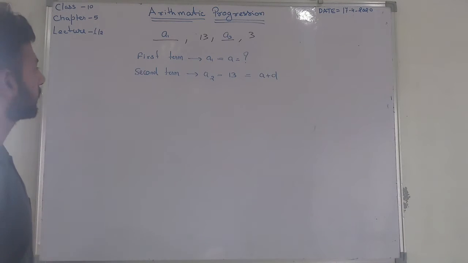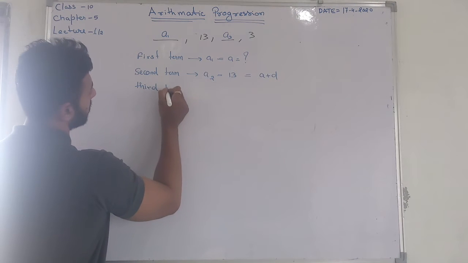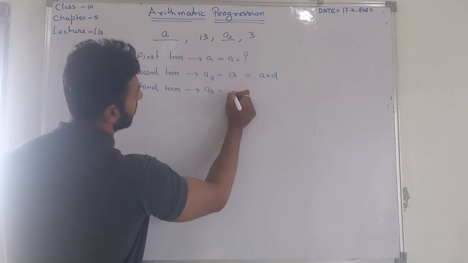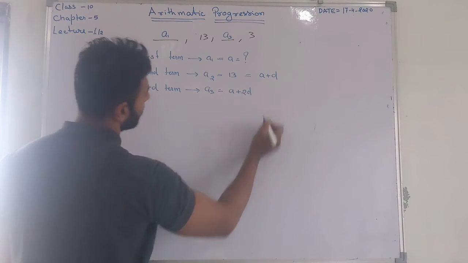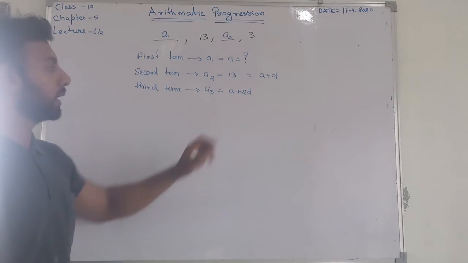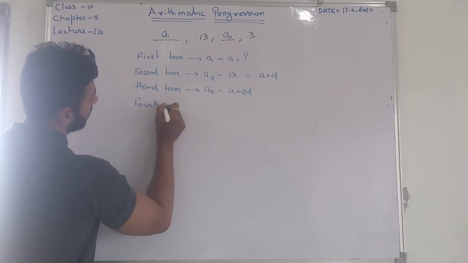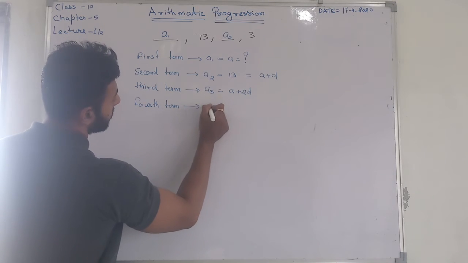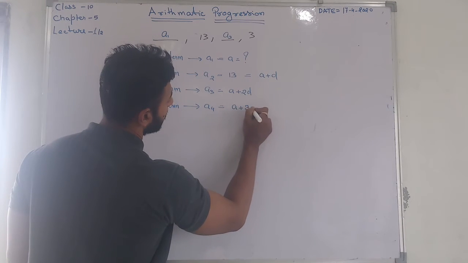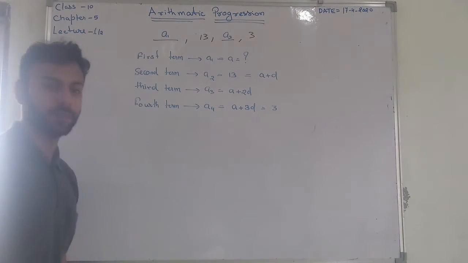Now, the third term is A3, which is missing, but it can be written as a plus 2d. If here this is 3, then one less term, we have to write a plus 2d. The fourth term is A4. So it can be written as a plus 3d. What is a plus 3d? This is equal to 3.